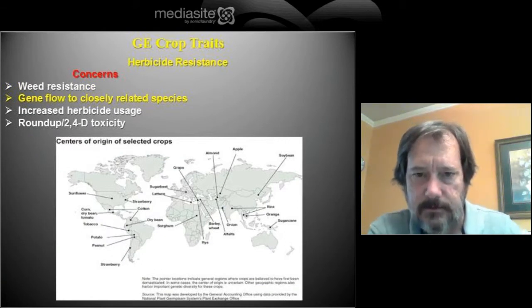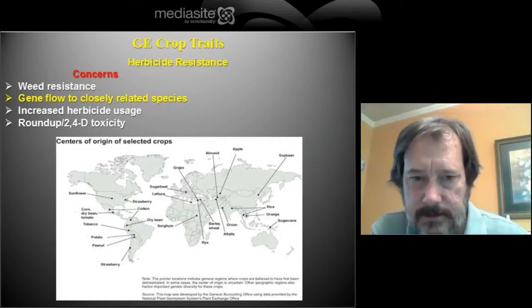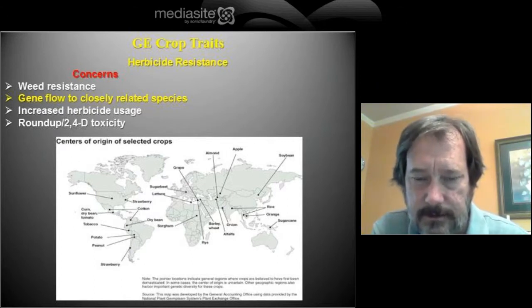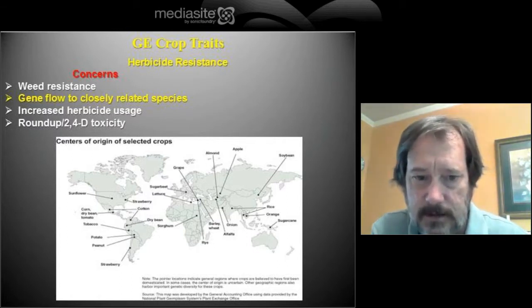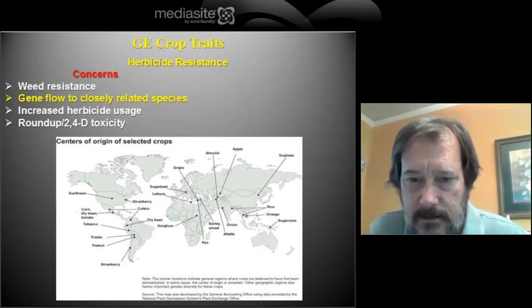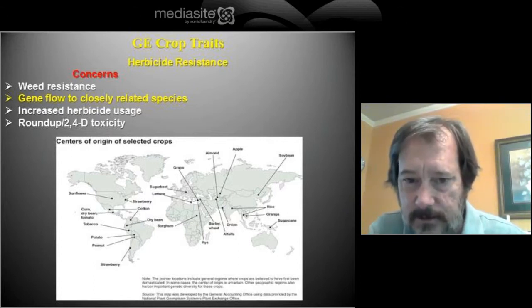Another concern that we see with weed resistance, and this could be a concern for any of the traits, but since weed resistance is the first trait we're discussing, I'll go ahead and talk about gene flow to closely related species. Now that would be particularly a concern in the areas where the center of origin of a particular crop is.